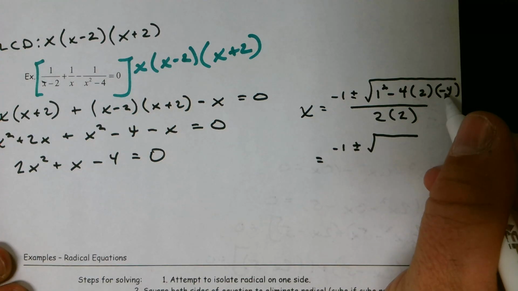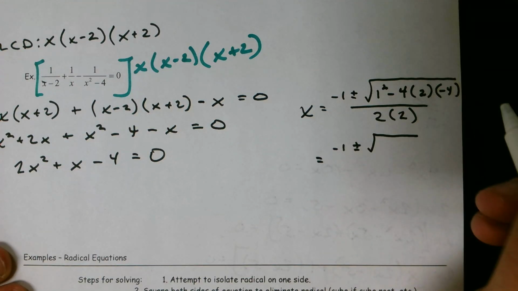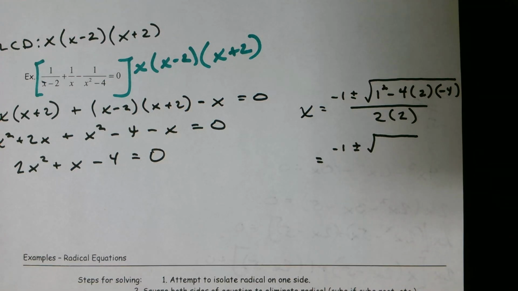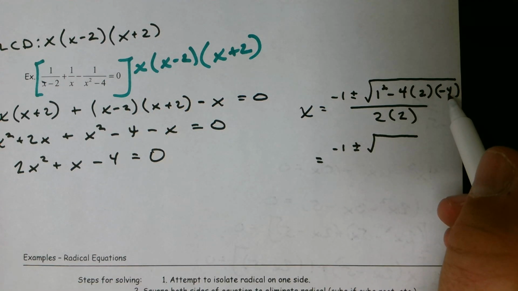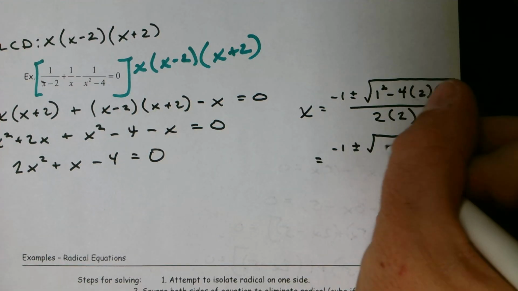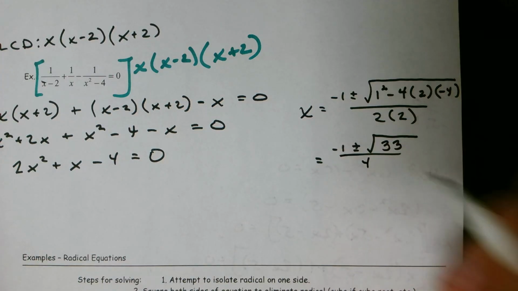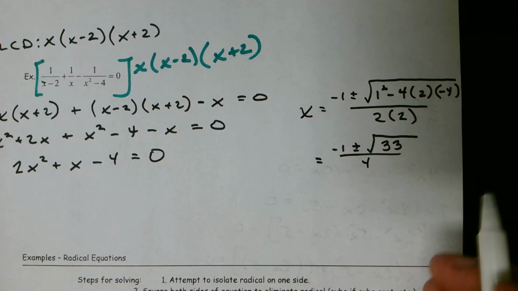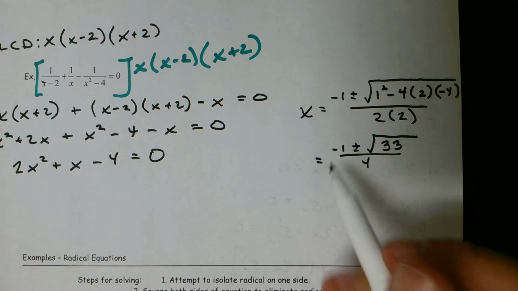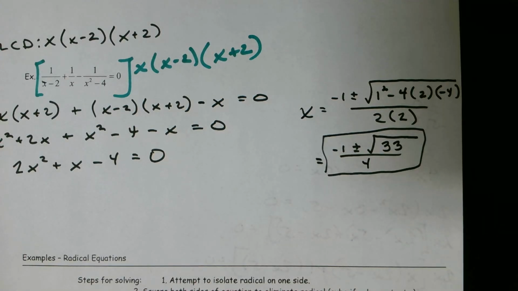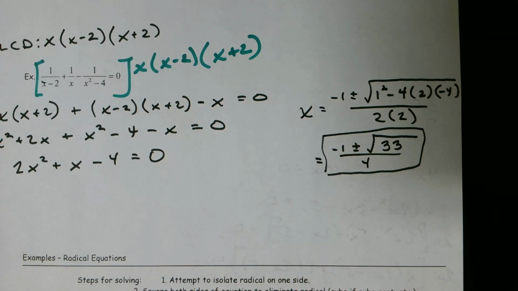Negatives are going to change to adding. We're going to end up with 8 times 2, which is 16, times 2 is 32, plus 1 is 33. So we're going to end up with 33 over 4, and that can't be simplified any further, so our answer is negative 1 plus or minus radical 33 over 4.